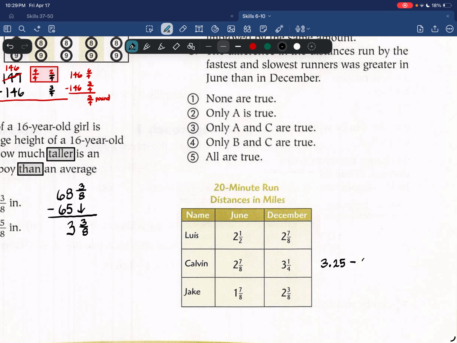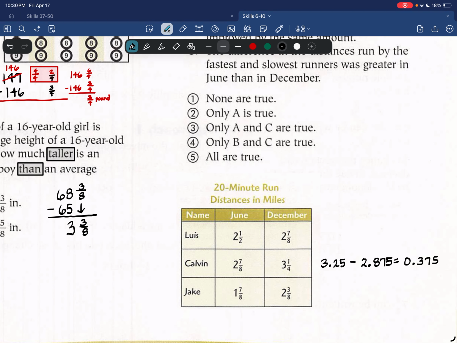We're going to subtract that. So 2.875. We can use the calculator. So you can put a fraction in. You can also do it with your decimals if you know those. It's worth learning the decimals to be able to do this, in my opinion.